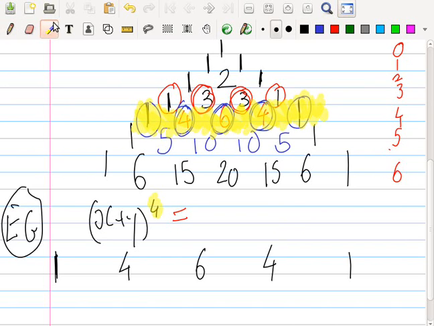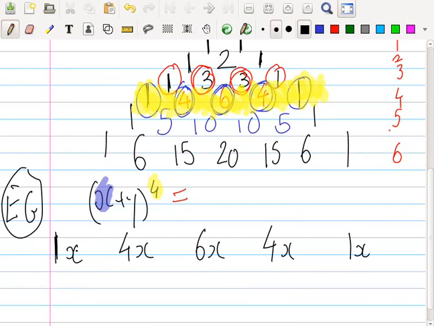Then what I do, I look at the first term, that's called x, and then I'll put that in all of these. x, x, x, x, x. I start here, x to the power 0, 1, 2, 3, and 4.